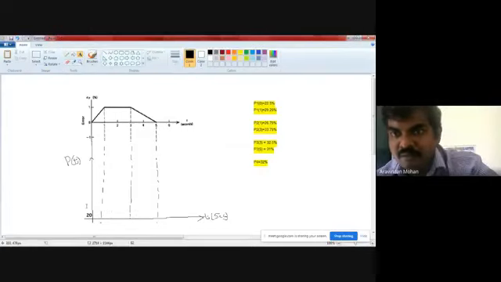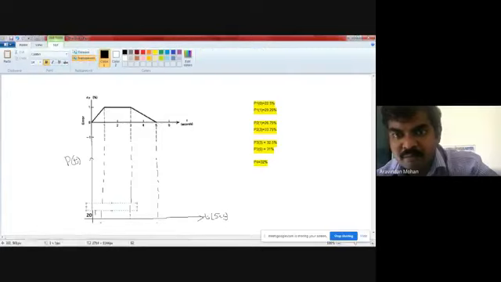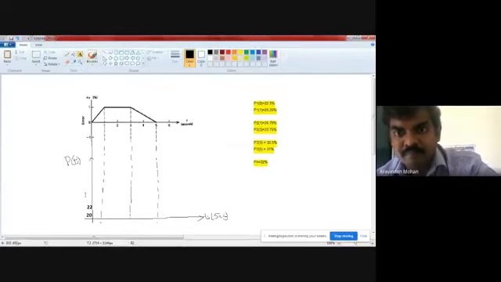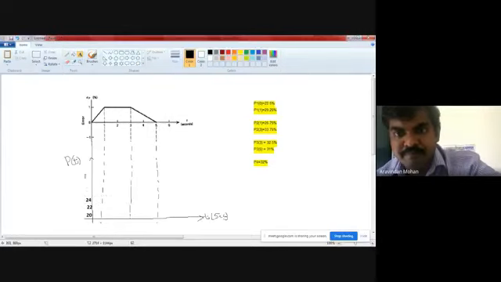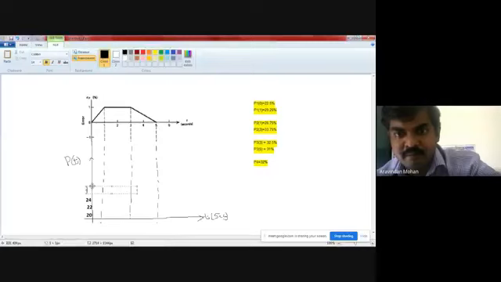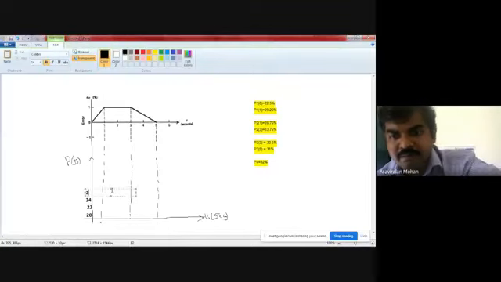Then let it be 22, sorry, 22, then let this be 24. Okay, then let this be 26. So what is the maximum controller output? It goes up to 34.